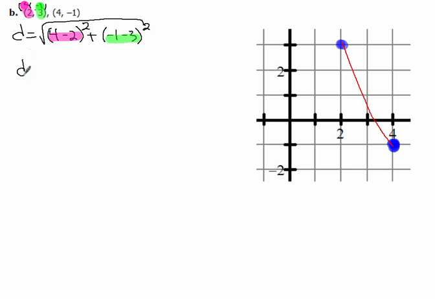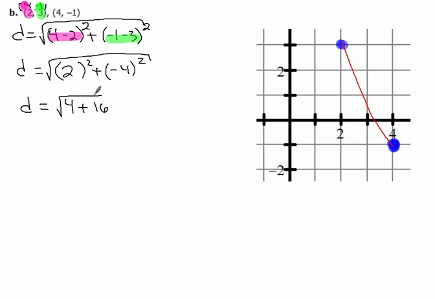Now, 4 minus 2 is 2, and negative 1 minus 3 gives me negative 4. So as I go through this, 2 squared is 4. Now negative 4 squared is positive 16. And 4 plus 16 is 20.